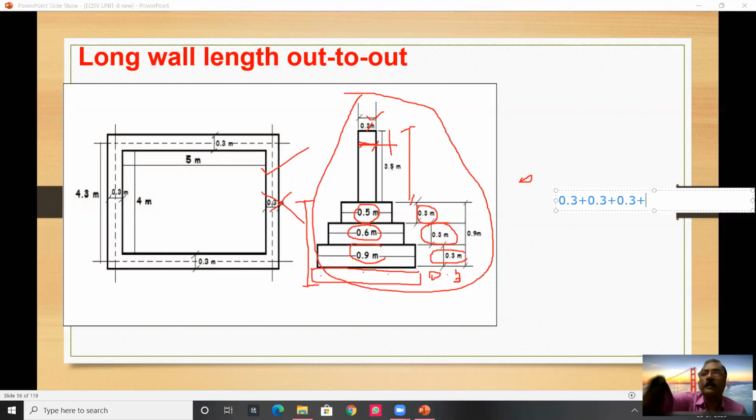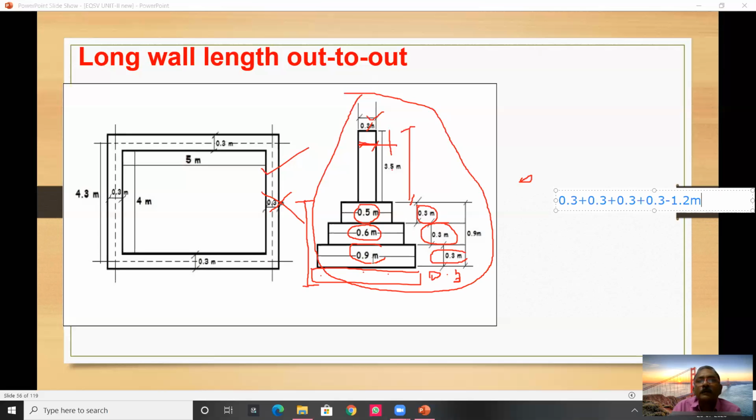Plus here you will have 3. How much is the total? It is equal to 1.2. This is the depth of your excavation. So from the section, you are able to calculate it as 1.2.